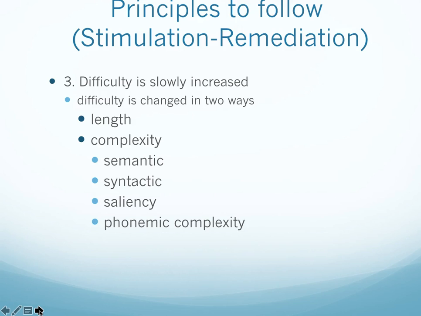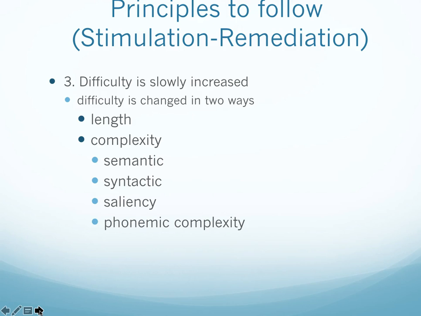So those kinds of complexities that occur because of semantic elements, syntactic elements, the meaningfulness of what you're talking about, or the saliency or the phonemic complexity of what you're asking the person to do. Saying the word television is more phonemically complex than TV.